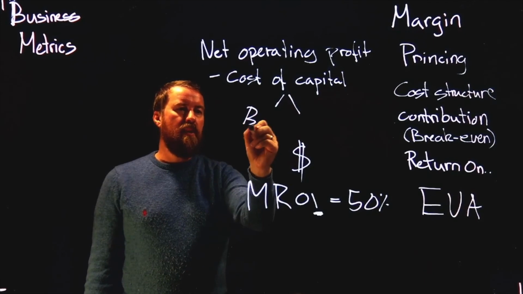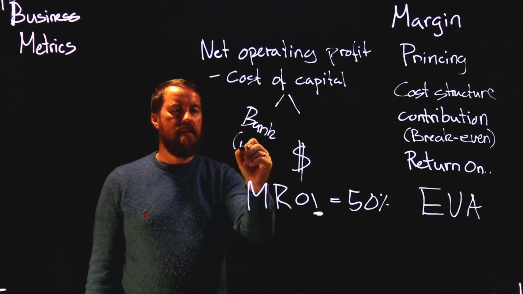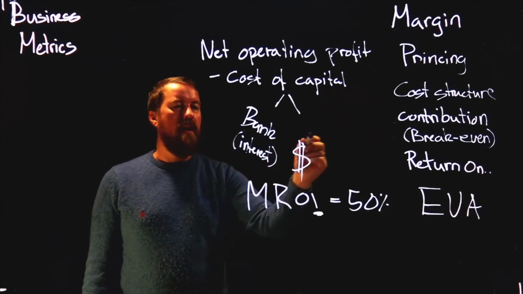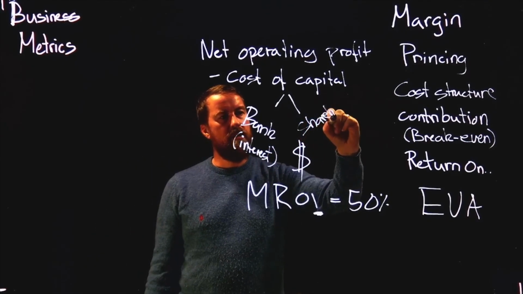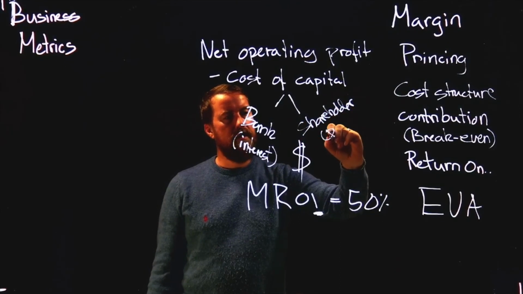It comes in what we have to pay to the bank in interest, and what we have to pay to our shareholders as dividend.